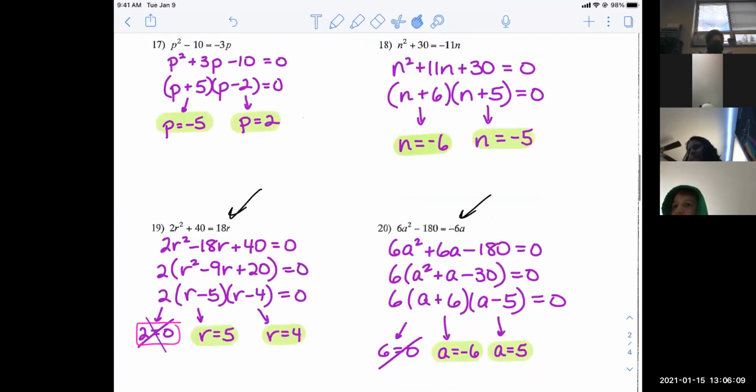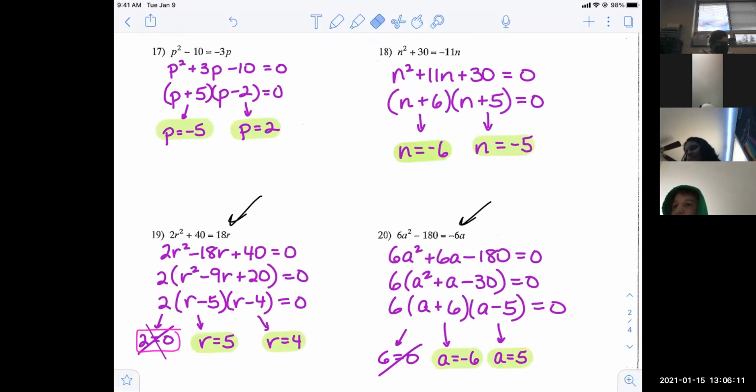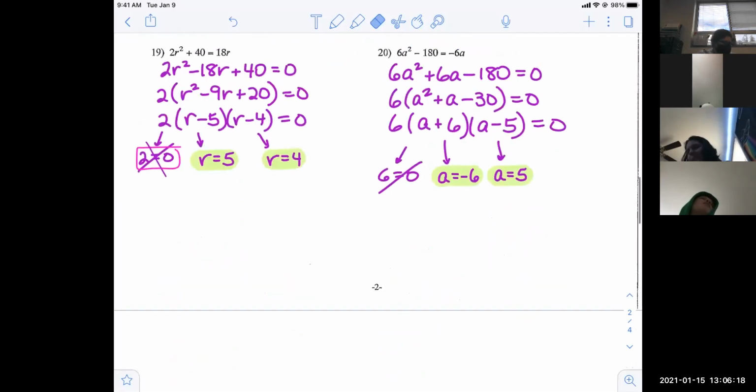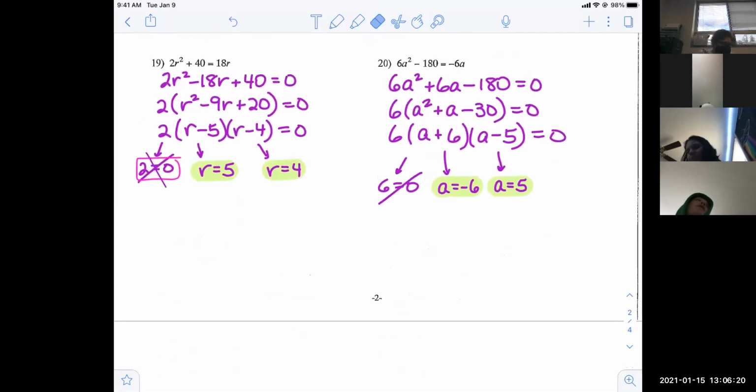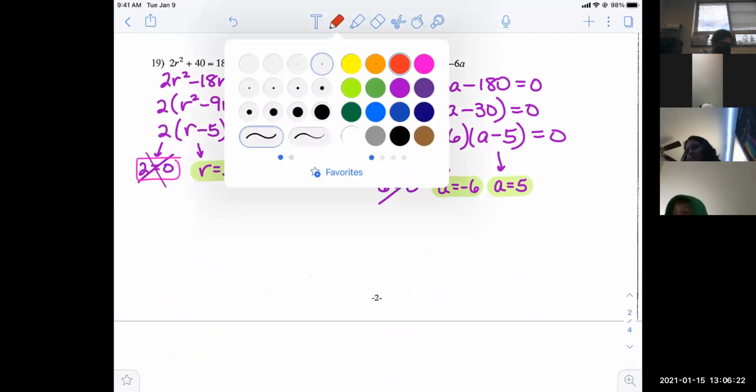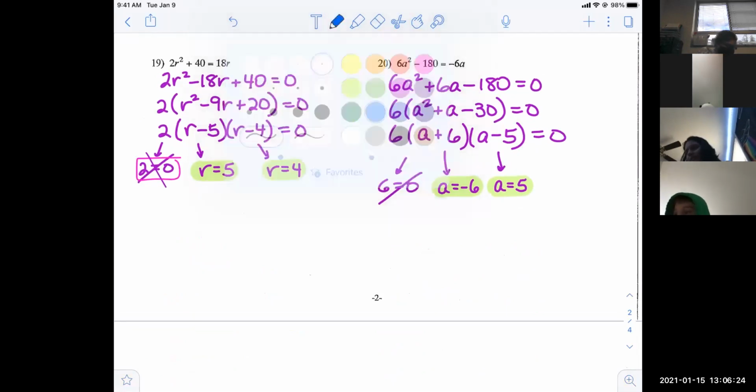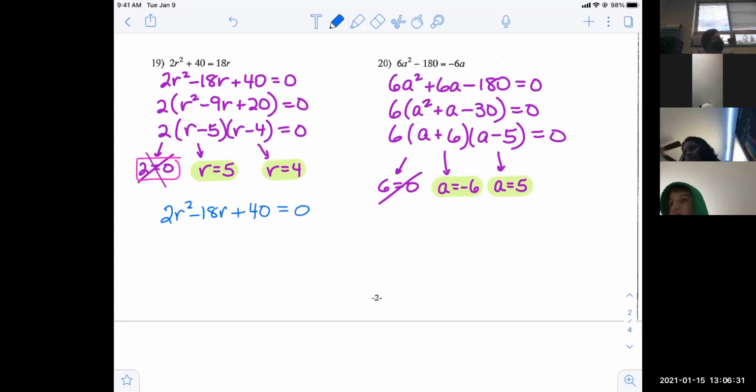Okay, for the bottom two, I'll show number 19 in a way like what Blair asked. So if you did 2r squared minus 18r plus 40 equals 0. Because it's an equation, you can divide through. The reason I didn't do it this way is because I don't want you to lose that 2 if you're just factoring.